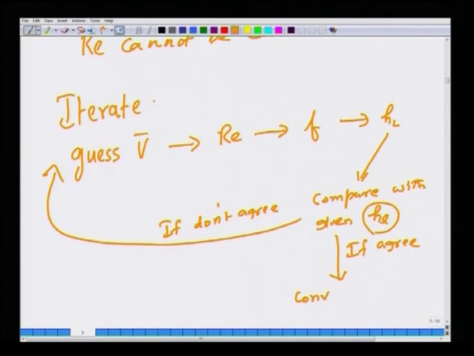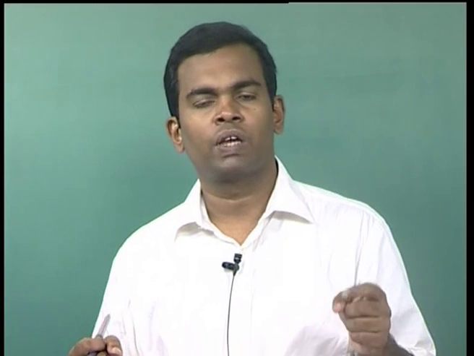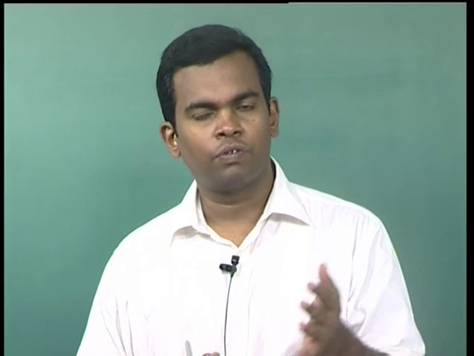you have the answer as converged. So, if you are given the delta P, that is the pressure drop across a pipe, and you are asked to calculate the velocity, it is not a straightforward calculation.